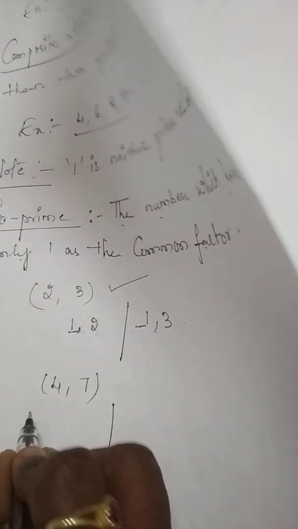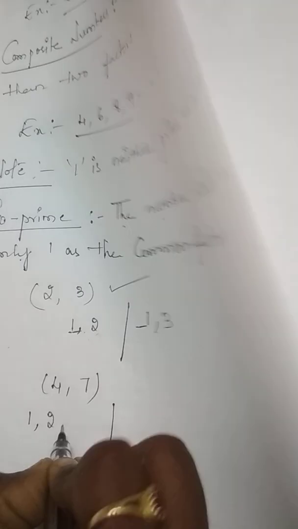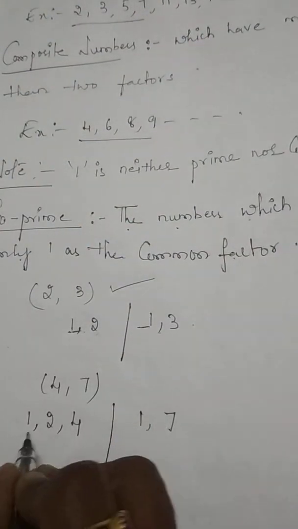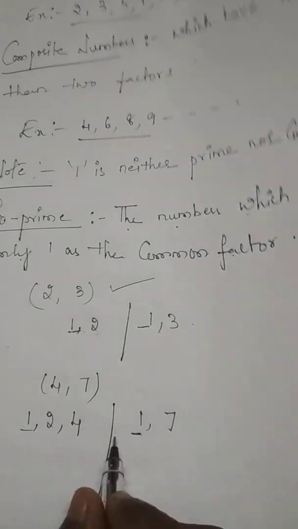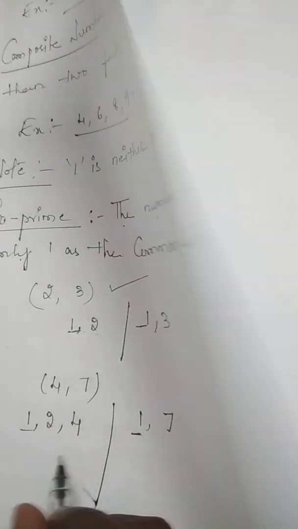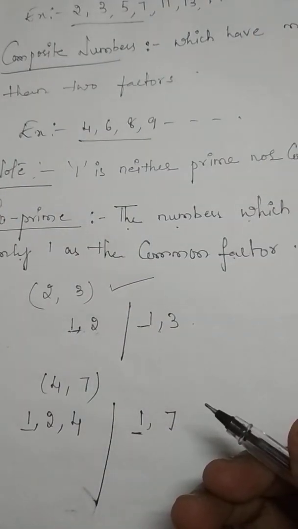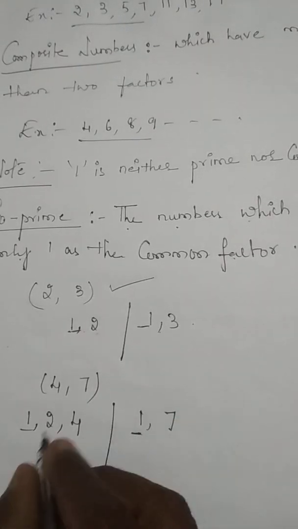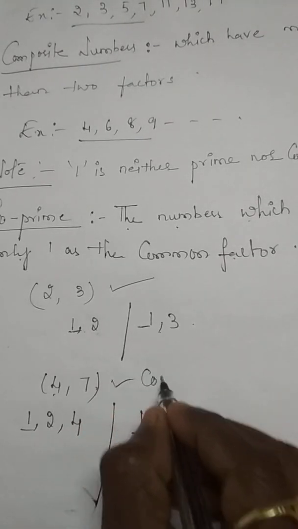Factors of 4: 1, 2, 4. Factors of 7: 1, 7. Both have 1 as a common factor. So 4 and 7 are also co-prime.